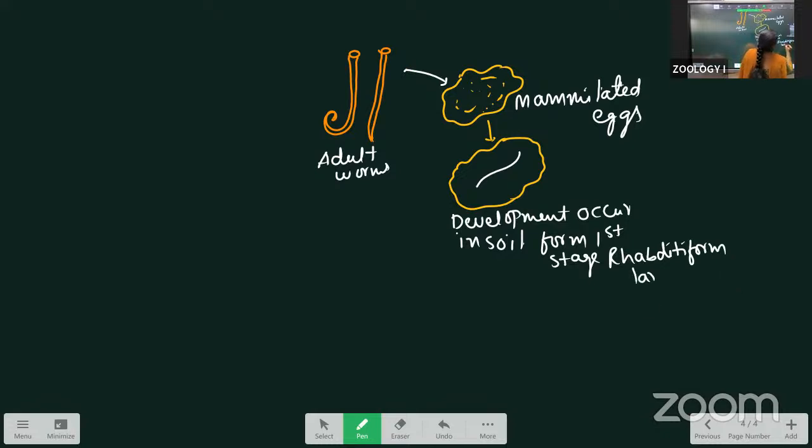Inside the soil only, they form a larva that we call the first stage rhabditiform larva.